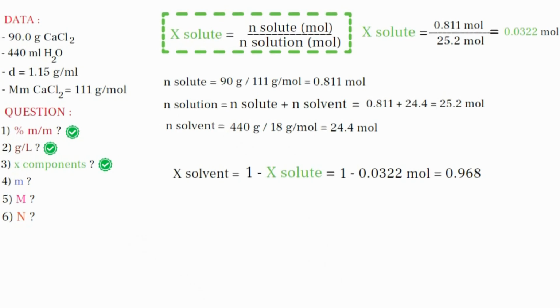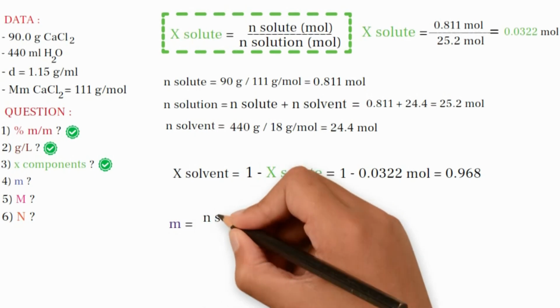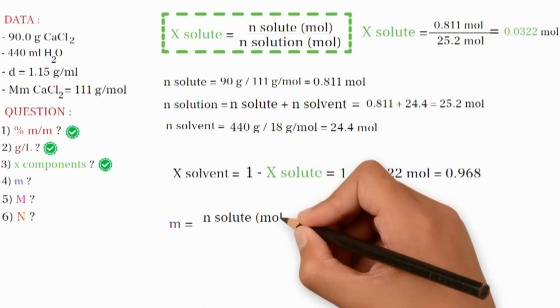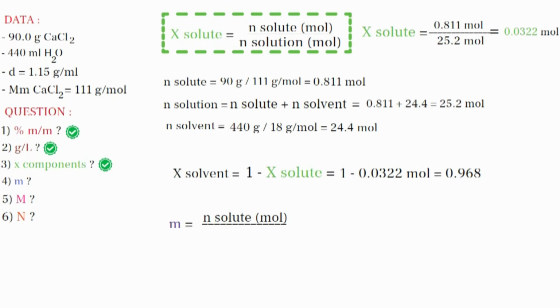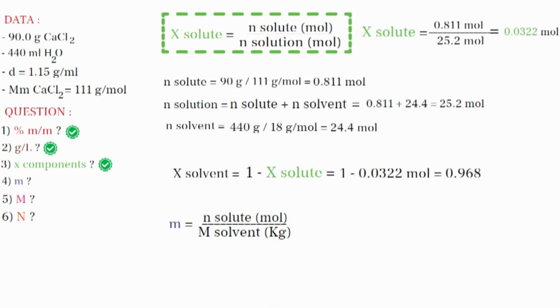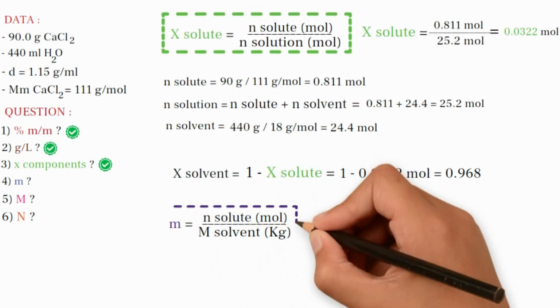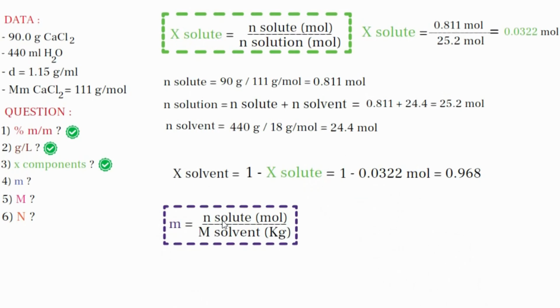Again, let's remind ourselves what molality is. Molality is mole of solute divided by the mass of solvent, okay? I remind you that molality is the only concentration to have solvent on the bottom. All the other concentrations have solution here. So this is the peculiarity of molality.